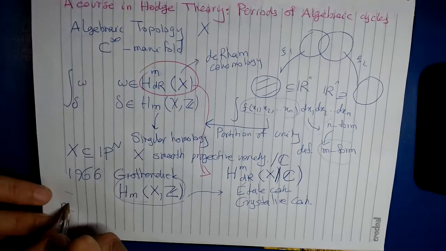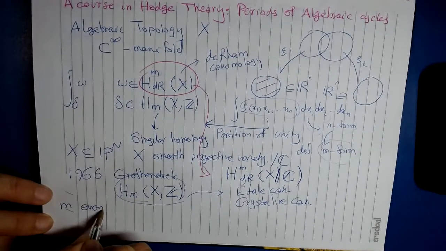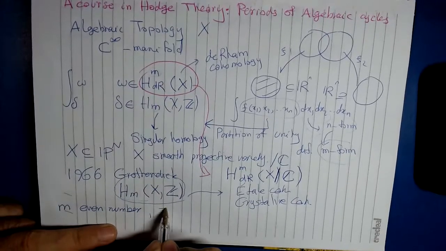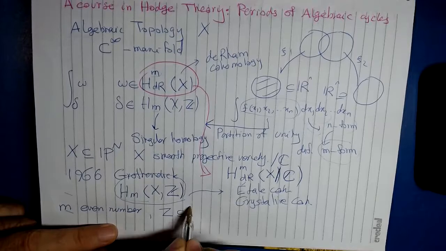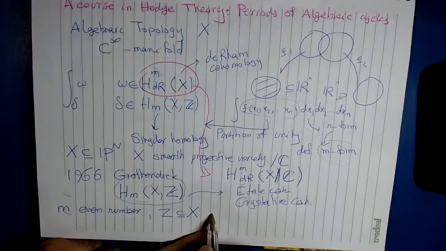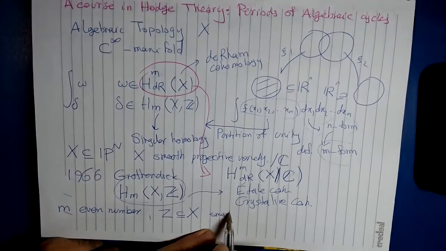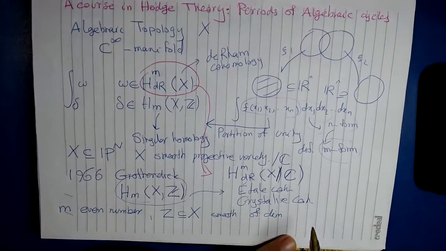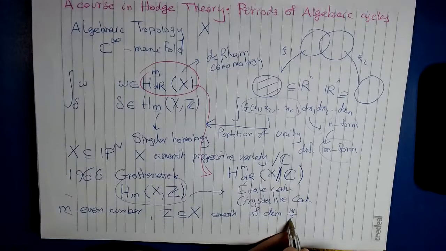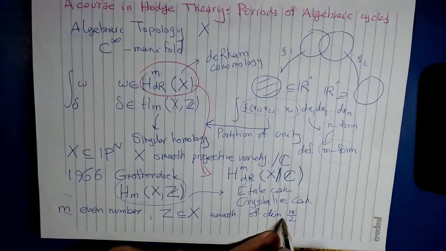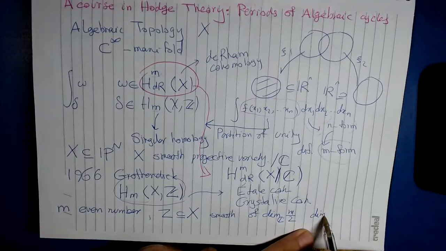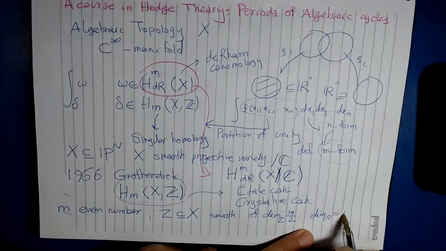So from now on, assume that m is an even number, and take Z a subvariety of X. Just for now, let's assume that it is smooth, of dimension m over 2. And this dimension is the complex dimension, so its real dimension will be m.